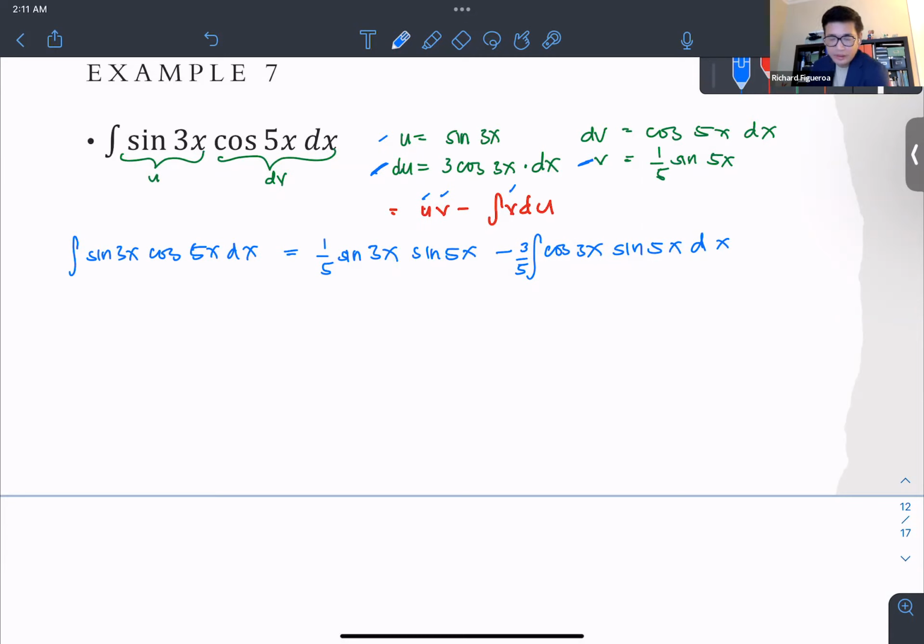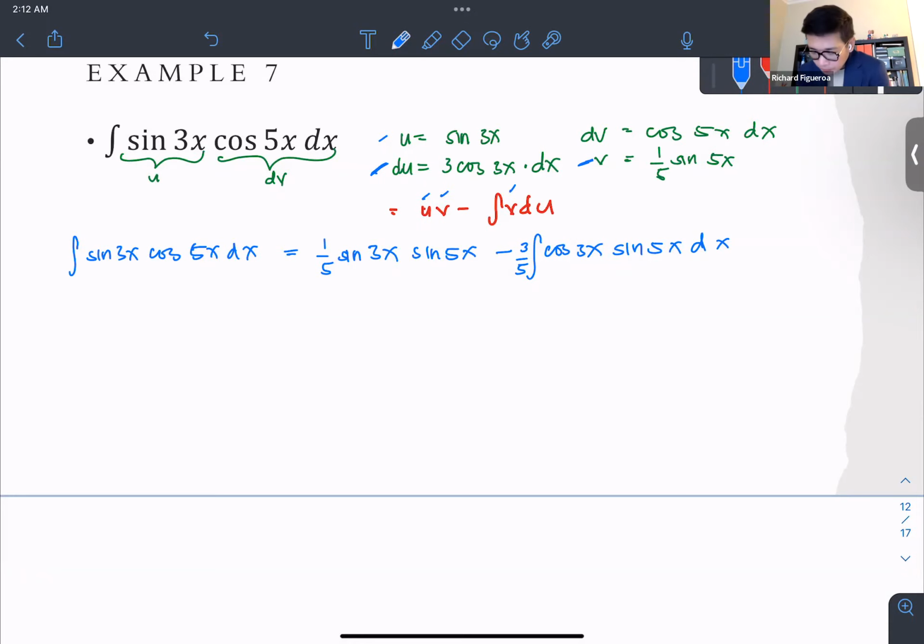This time, instead of sine 3x, it becomes cosine 3x, and the cosine 5x becomes sine 5x. In this case, there's no direct integral to that, unless you use case 3 for the transformation of trigonometric functions.